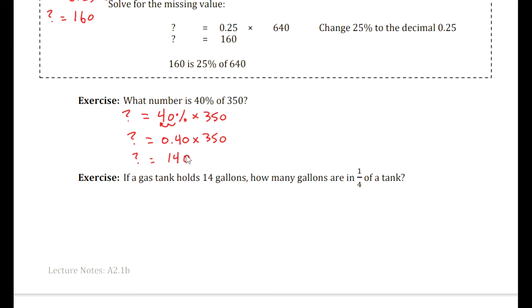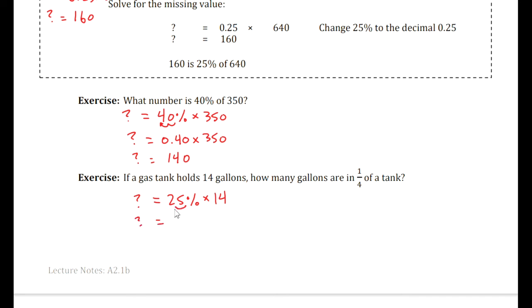In the next exercise, it says if a gas tank holds 14 gallons, how many gallons are in 1/4 of a tank? So this is our is number, the how many gallons. So we use a question mark. The how many gallons is, or equals, then we need our percent. Well, 1/4 is 25%, times the of number. The tank is 14 gallons, so it's 25% of 14 gallons.